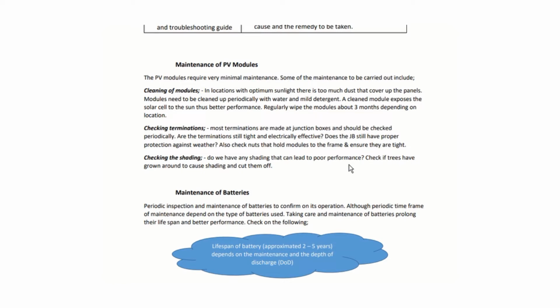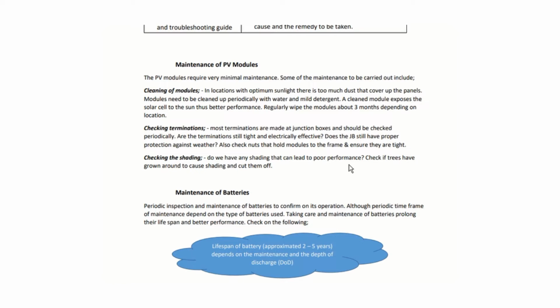Let's now look at maintenance of PV modules. The PV modules mostly aid to capture the sunlight from the sun so that it can change it to electricity, and PV cells need very minimal maintenance.